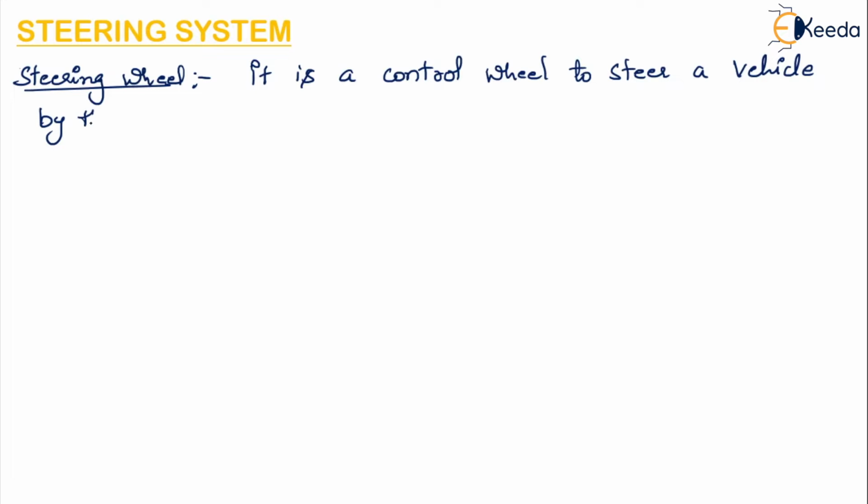So the steering wheel is a control wheel to steer a vehicle by the driver.